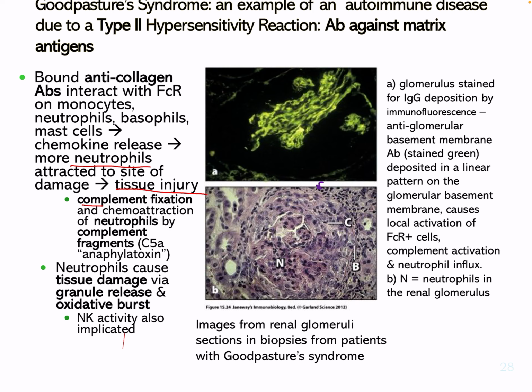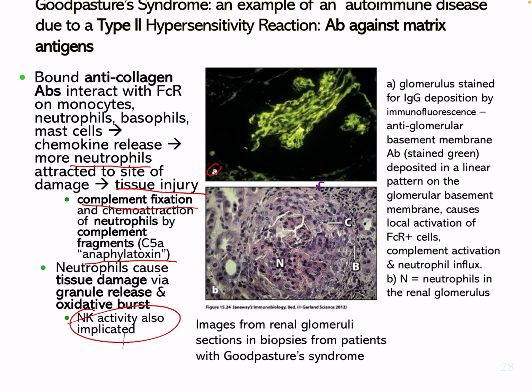There's also complement fixation, which causes further chemoattraction of neutrophils via complement fragments like C5a, which is also known as an anaphylatoxin. And neutrophils cause even more tissue damage via granule release and oxidative burst. NK cell activity is also implicated. Here we have the glomerular stain for IgG deposition by immunofluorescence.